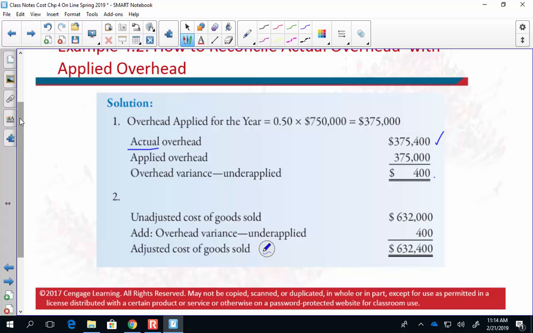An under applied amount is added to our cost of goods sold. If it's over applied, that means I put too much in. If it's over applied, I would be subtracting the over applied amount from our cost of goods sold. This is that step 3 reconciliation process.